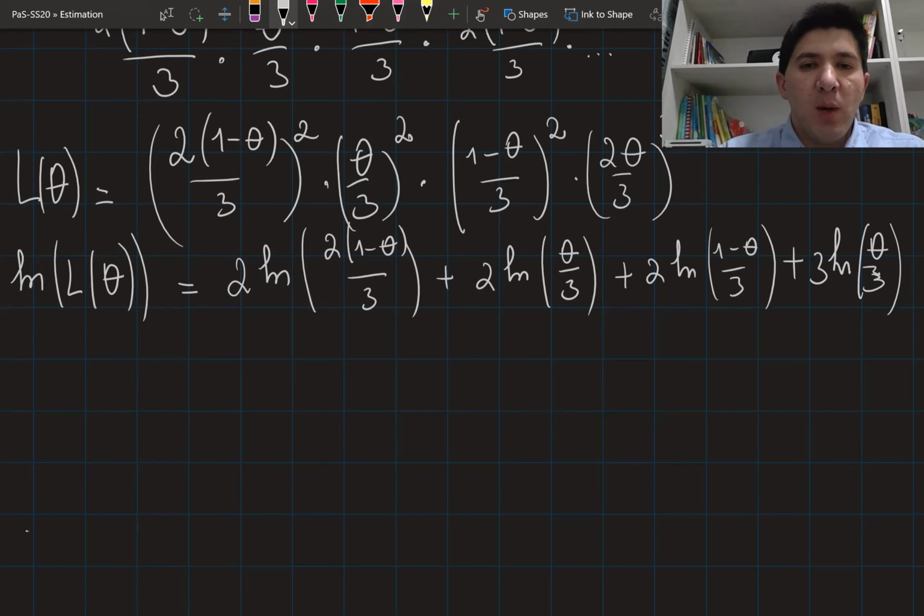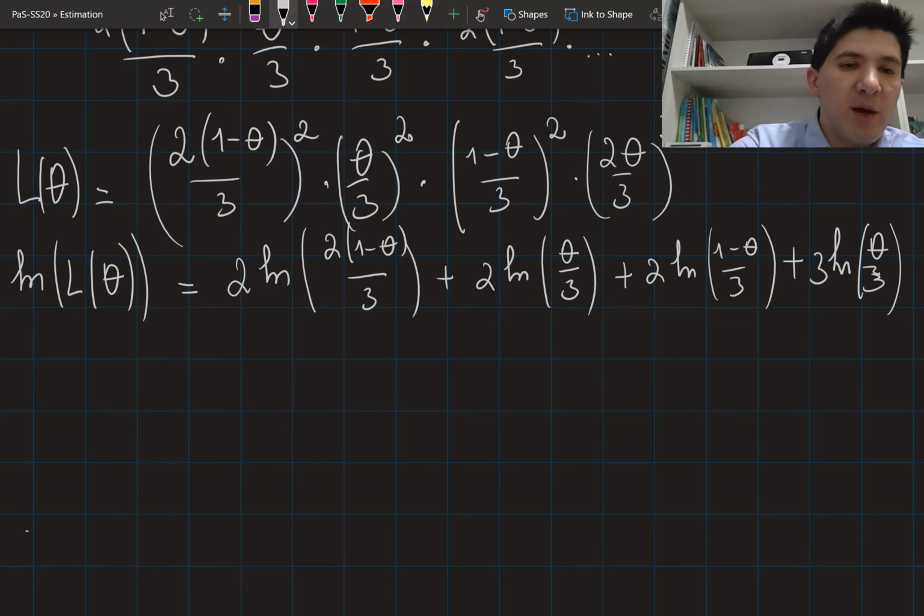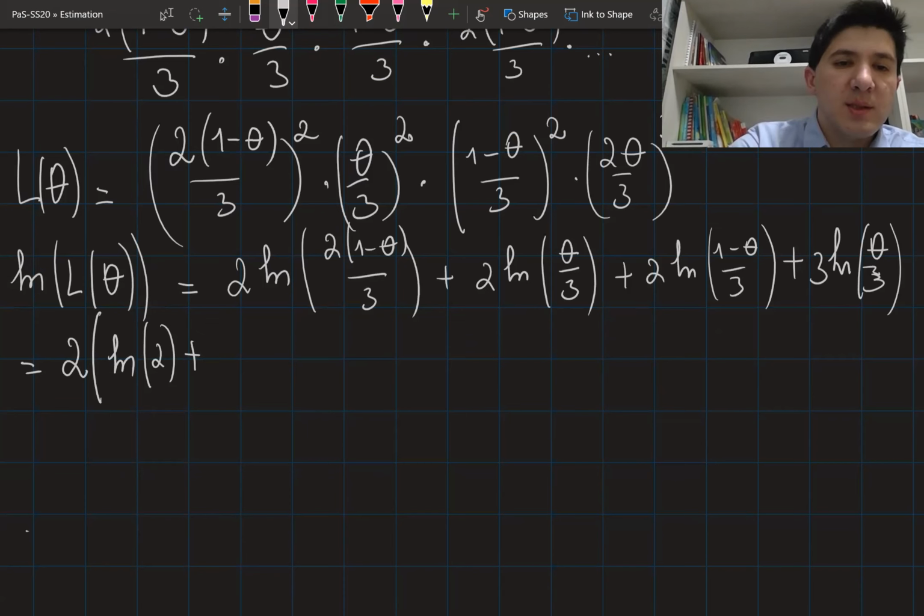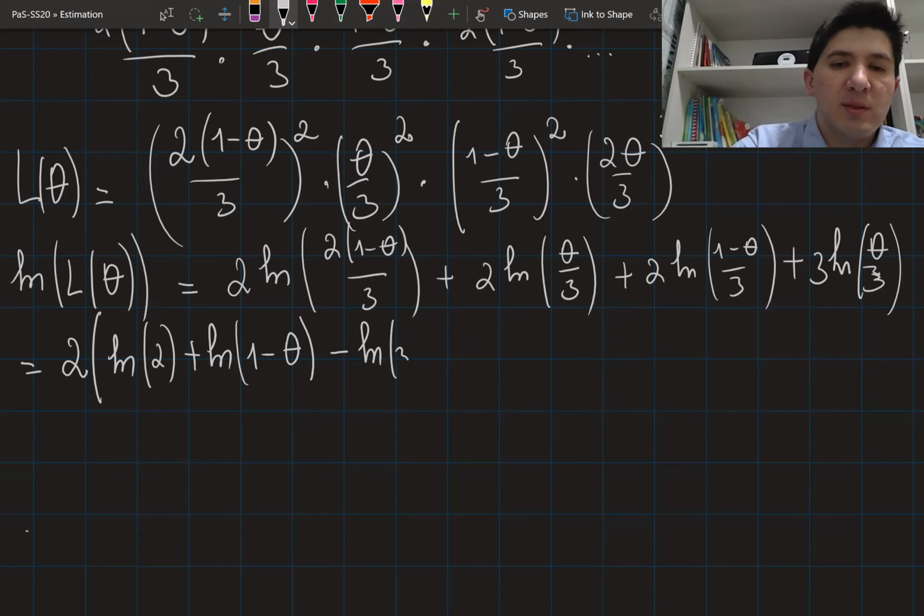Okay, so I can simplify this even more, right? I can write this as 2 times (ln of 2 plus ln of (1 minus theta) minus ln of 3).